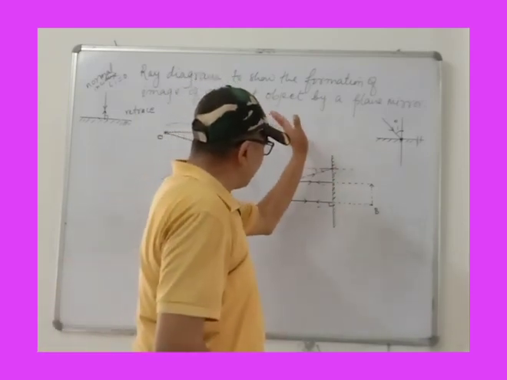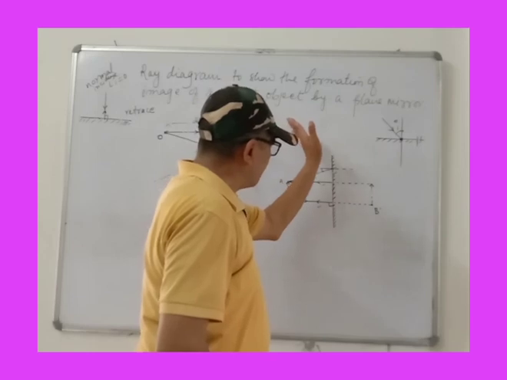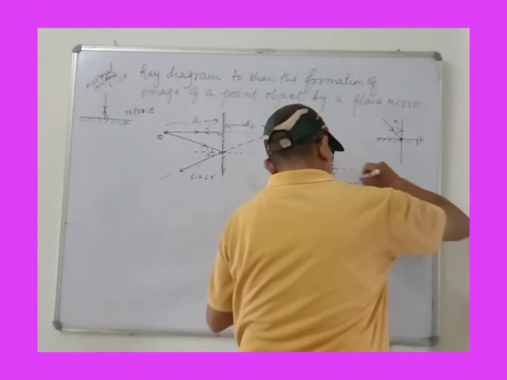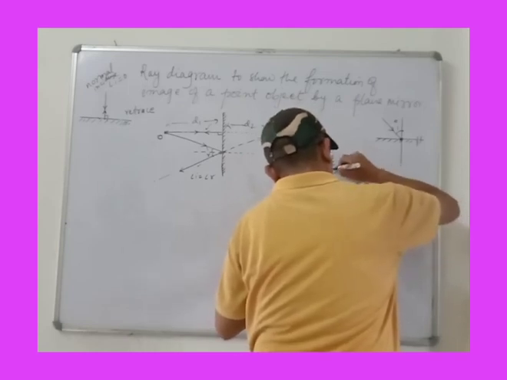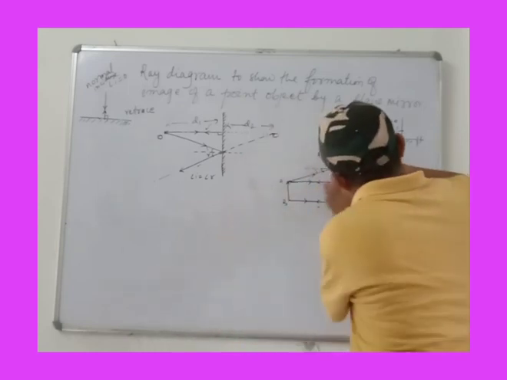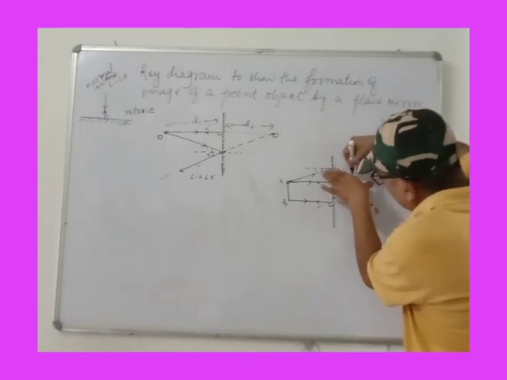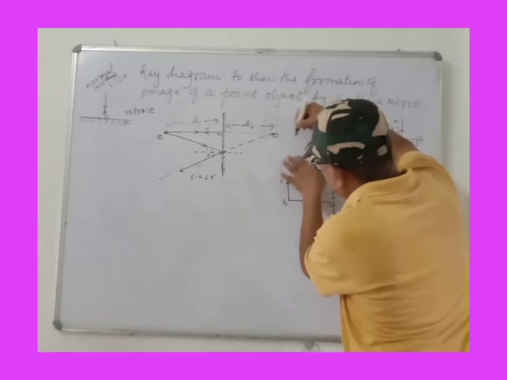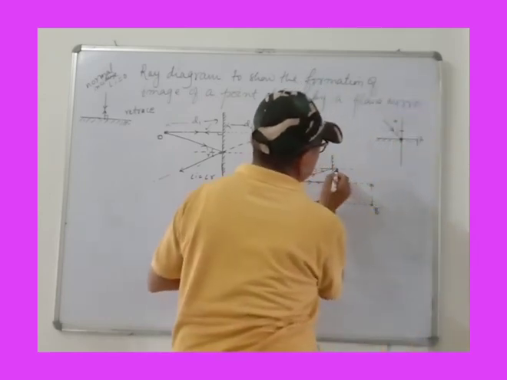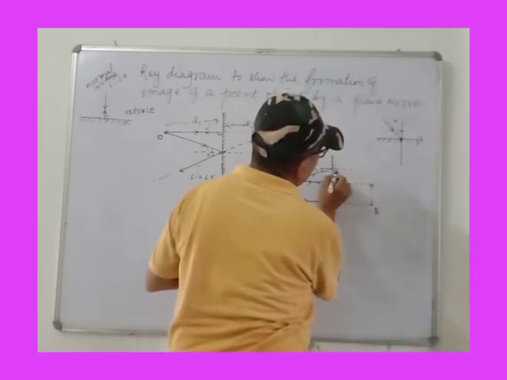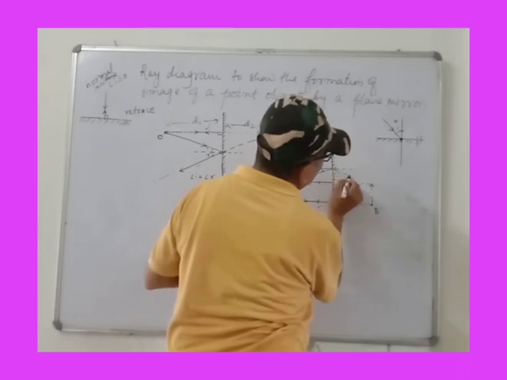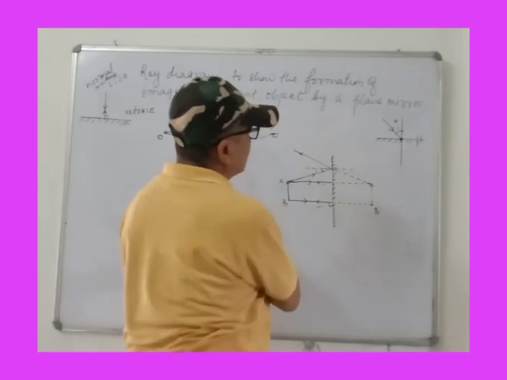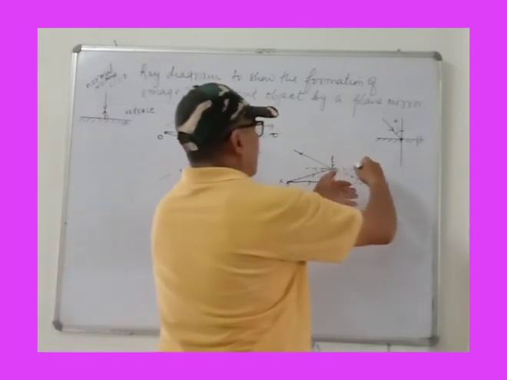So the returning rays, when produced backwards, must meet the head of the image like this. So you have to take one long scale and draw it like this. One straight line.